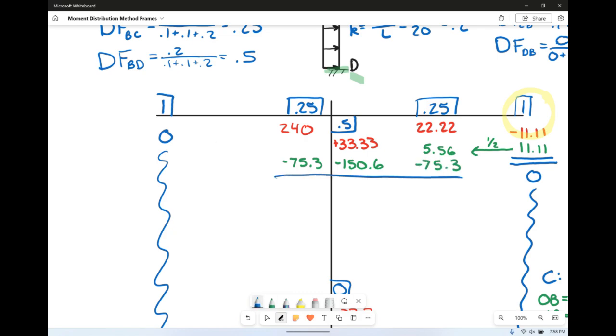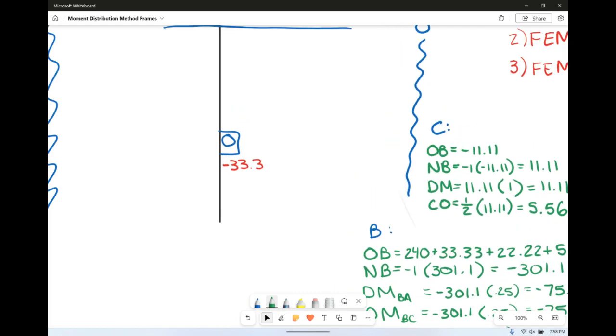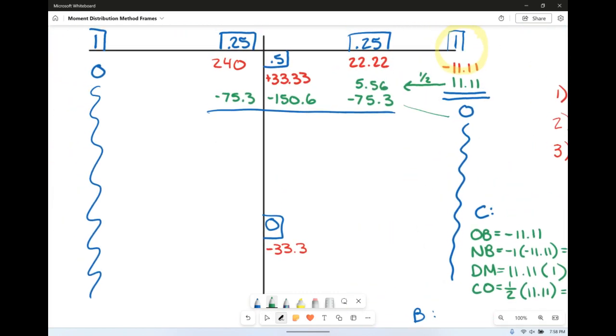Now we know this guy is in balance, but we cannot forget to do our carryover. So we should be carrying back, but he has a squiggle, so no can do. We should be carrying over here, but he also has a squiggle, so no can do. So we have to then carry down here. Each guy has to go to the adjacent joint. But we've already sent 2 of those guys into equilibrium, so they can't take any more, right?